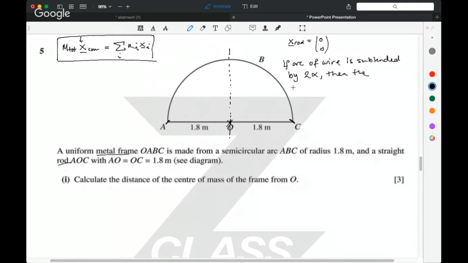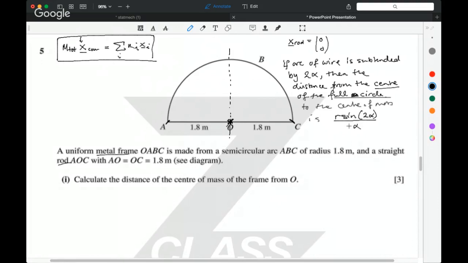then the distance from the center of the full circle, so not the center of the arc, but this center here, to the center of mass is R sine alpha over alpha.